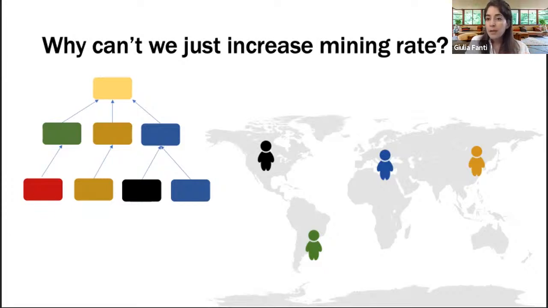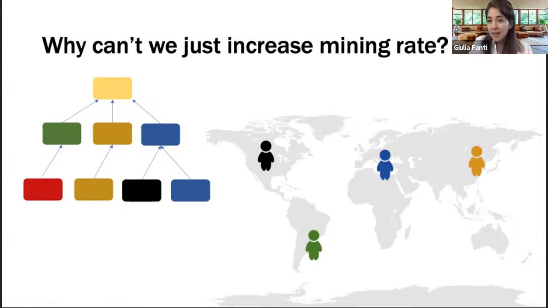The problem is that as we increase the mining rate, it also increases for the adversary. And now the honest nodes have this kind of overlapping structure. As we increase the mining rate, we get more forking, or in other words, we get more blocks at the same level.